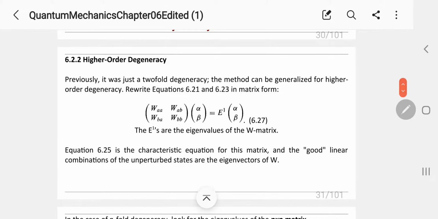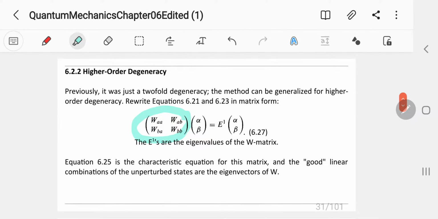So previously we have double degeneracy, and so we have represented the corrections by a 2x2 matrix, and this is represented by this matrix.